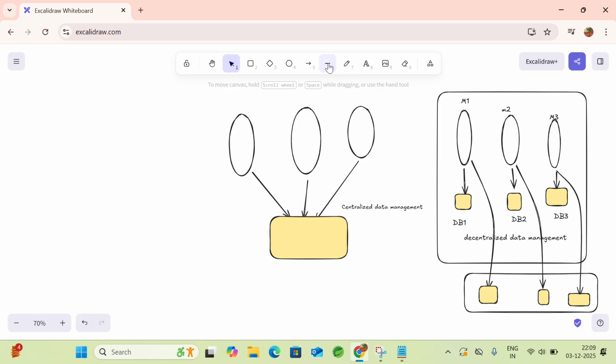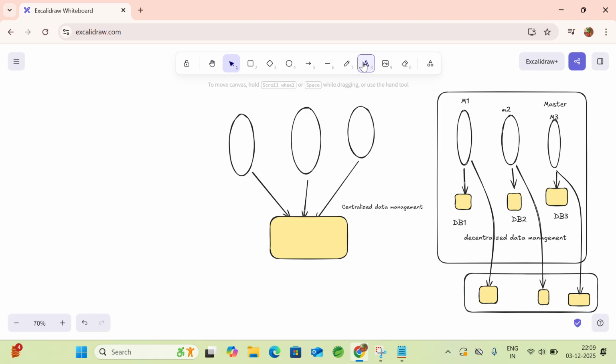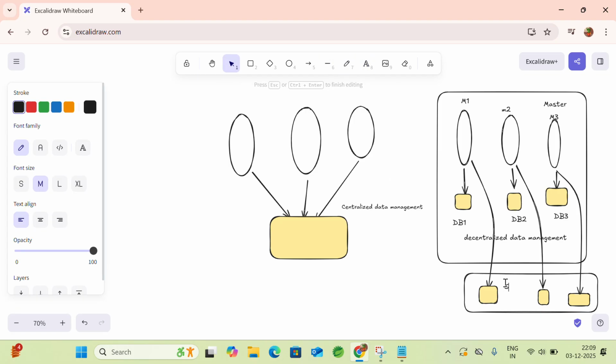So this is what we call the master set, and this is the slave one. Whenever there is some issue with the master, then the slave will work on it. All the data will be saved in these databases as well as over here itself. If this is the primary one, and primary goes wrong or down, then the secondary becomes primary.